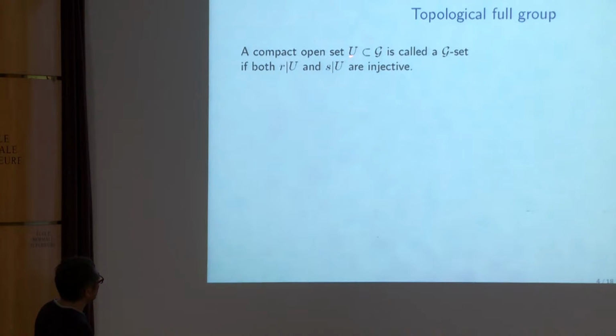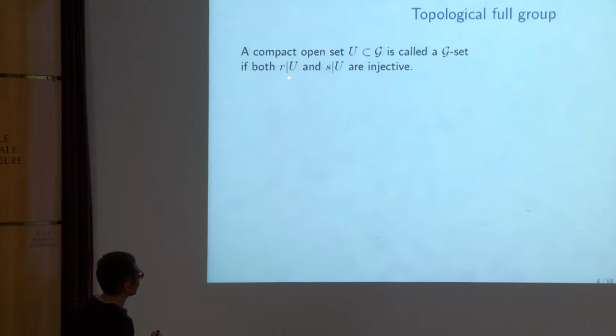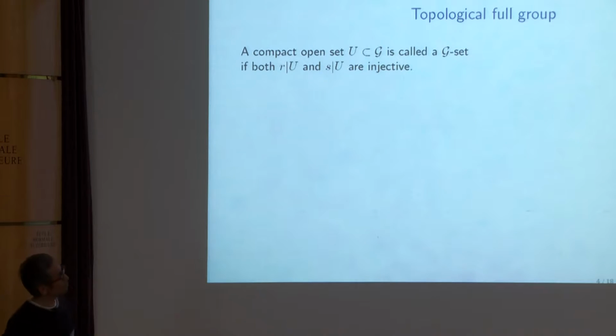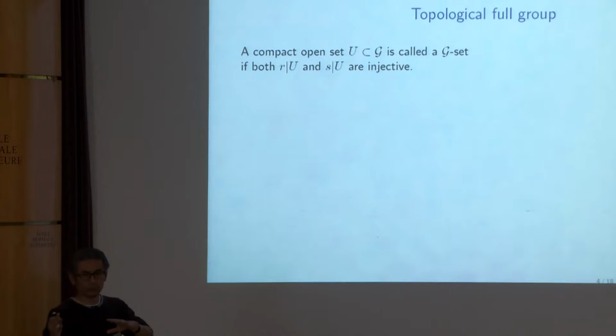And the compact open set U of G is called a G-set if both the restriction of R to U and S restricted to U are injective. So U defines a partial homeomorphism between some clopen sets of the Cantor set.